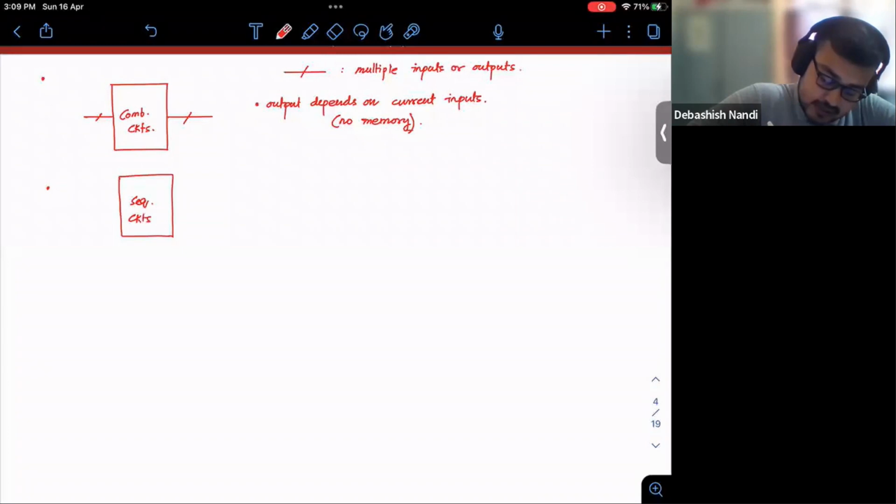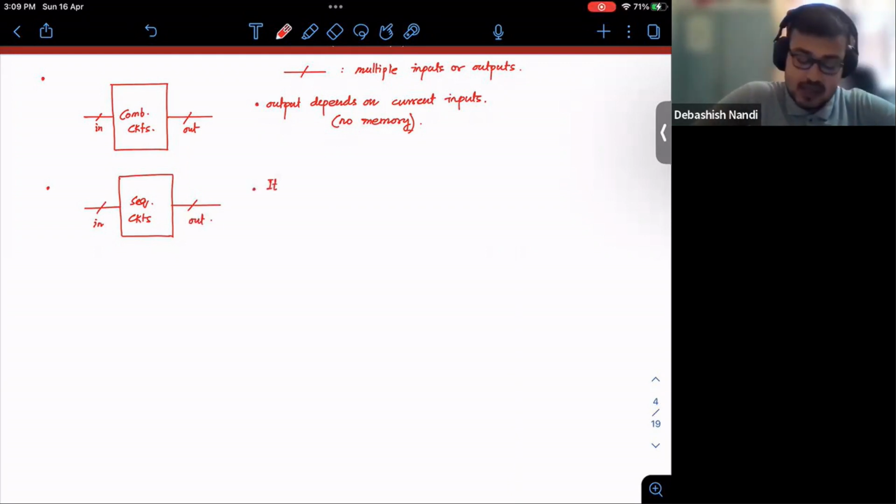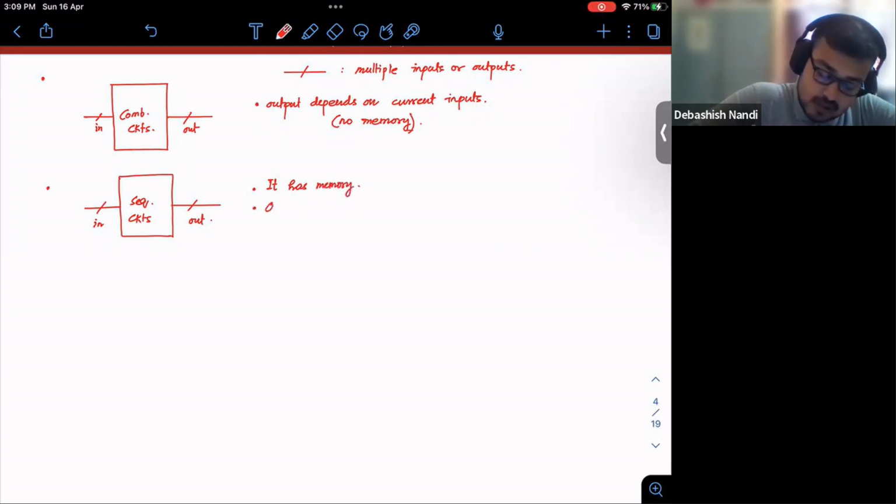Sequential circuits have memory, right? The first distinction from combinational circuits is that they have memory. Also, the output depends on the current input and previous outputs.